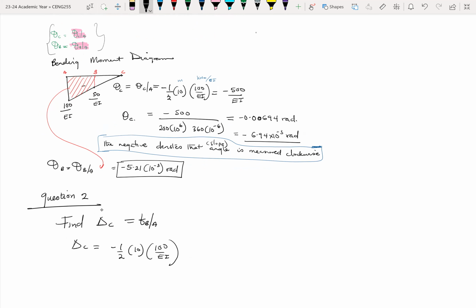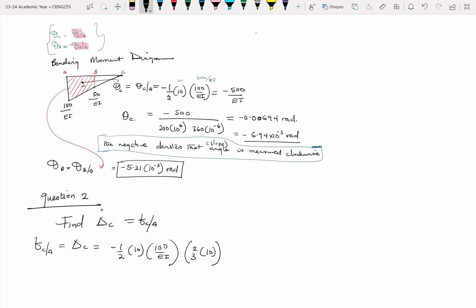Then the distance will be from the centroid towards C, because you are finding, oh, sorry, not tBA, tCA. So you are finding tCA. Okay. So that will be 2/3 of L. Okay, so 2 over 3, and L is 10 meters? So 2 over 3 times 10.